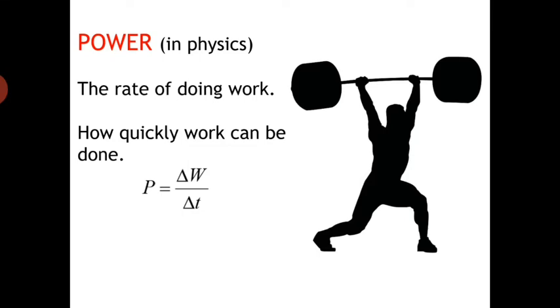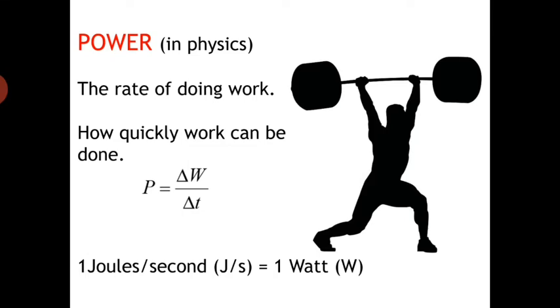So we can also say P is equal to delta W over delta T, or power is equal to change in work over change in time. Now, one unit of power is equal to 1 joule per second, and 1 joule per second is also equivalent to 1 watt. Watt is actually the SI unit for power, or the standard unit for power.